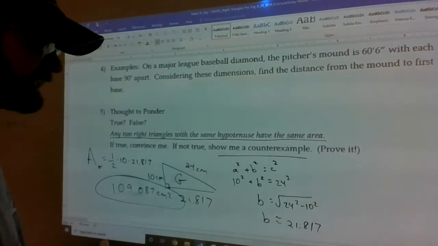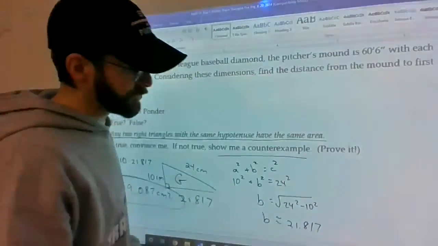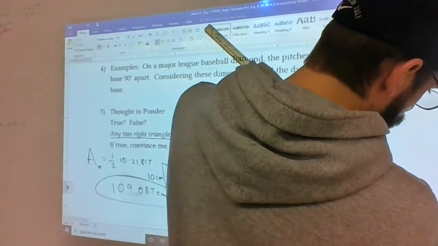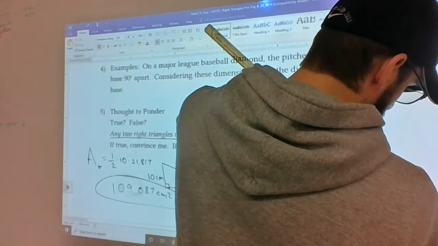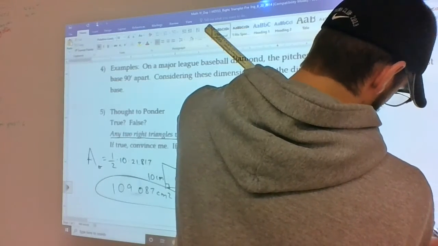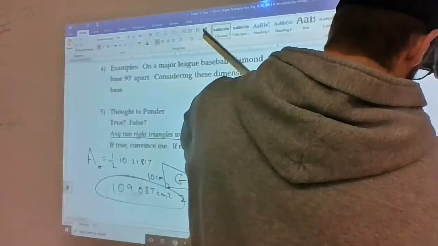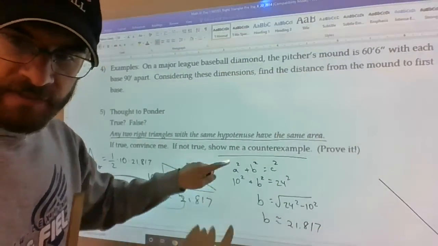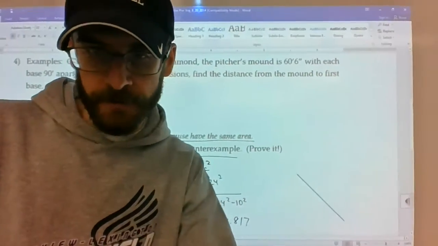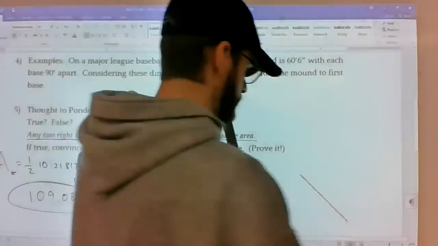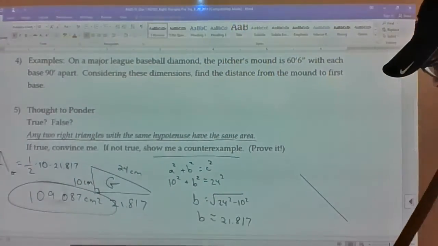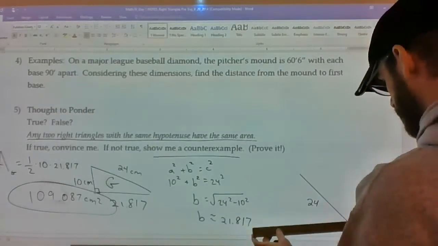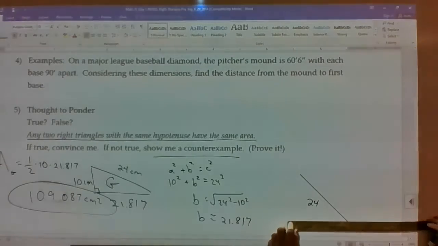Okay, let's pick a different triangle. So we've got 24 centimeters from here to there. I just changed the angle at which the triangle's moving upward. So now, this is 24, and let's see here.